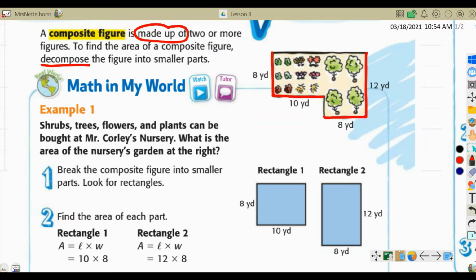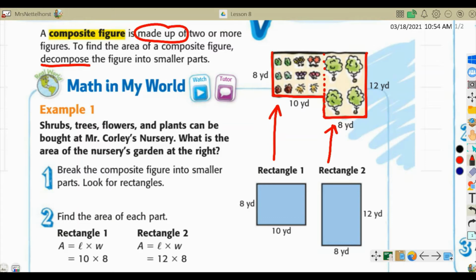So we're going to break the composite figure into two smaller parts. We're going to look for rectangles. What they did was basically cut it at this line right there. So this rectangle is this one, and this rectangle is that one.